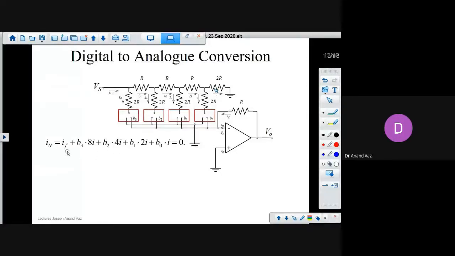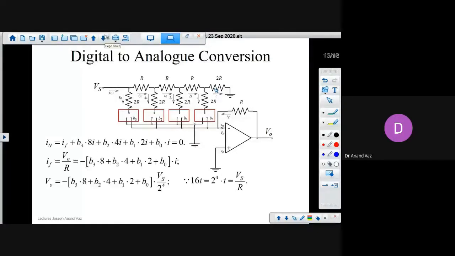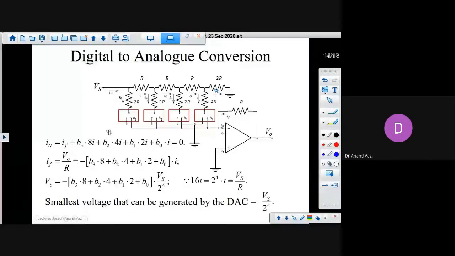So you have the bit pattern like this, and here the current that is flowing through is 16I, and that is equal to Vs upon R, and so I will be equal to Vs divided by 2 raised to 4 into R, and so the smallest voltage that can be generated by the digital to analog converter will be Vs divided by 2 raised to 4. That is because it's a 4-bit converter. So this example was for a 4-bit digital to analog converter.